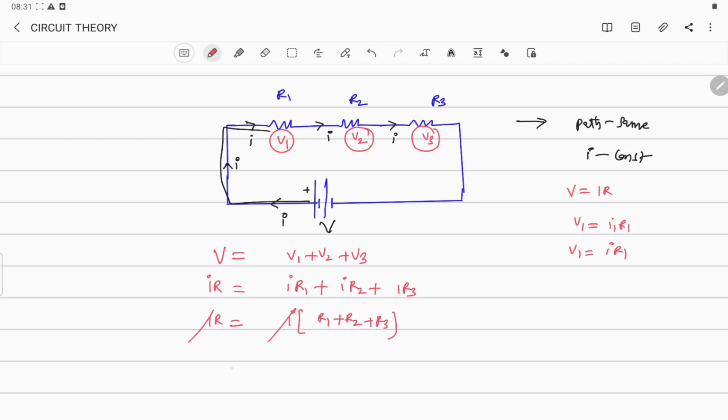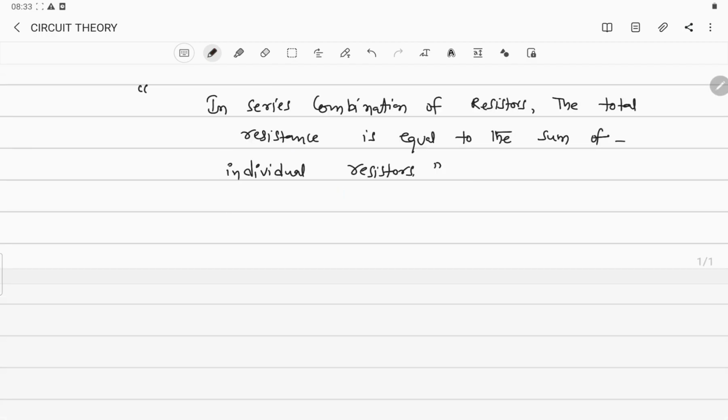Cancelling I, the final answer is R equals R1 plus R2 plus R3. So it is very clear that the total resistance equals the sum of the individual resistors. Now the statement: in series combination of resistors, the total resistance equals the sum of all individual resistors.